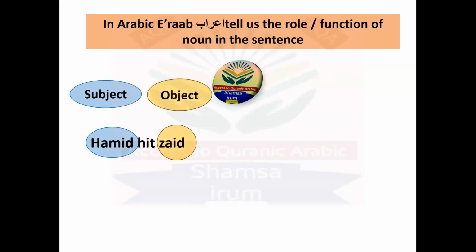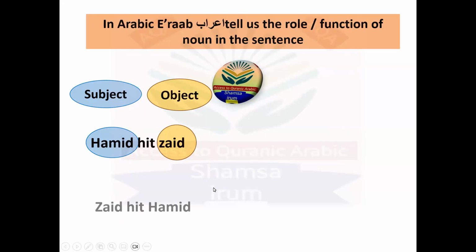It is the object, because Hamid is doing the act, and the action is done upon Zaid. So Zaid acts here as an object. In English, the word order will tell you the role of the noun. The first word is the subject, the last one is the object, and the middle one, as you know, is a verb.